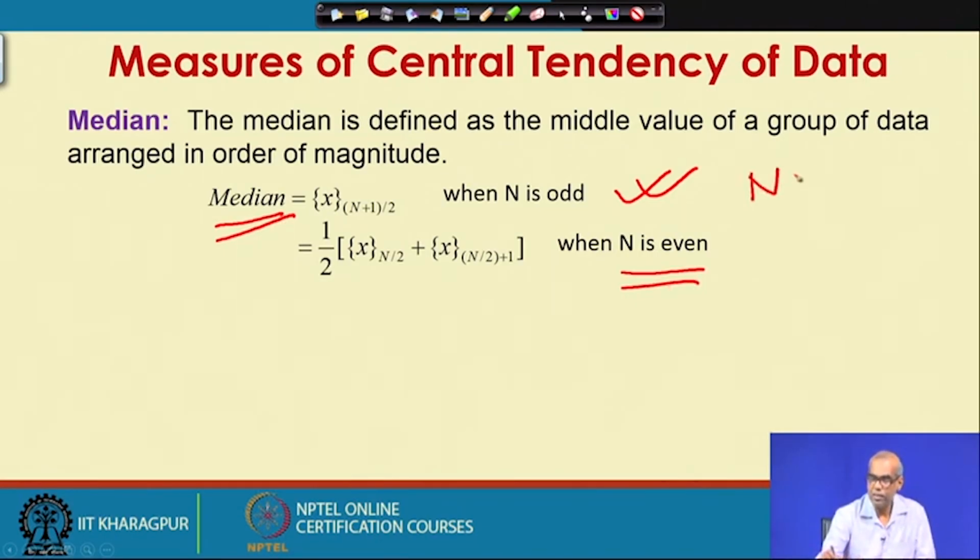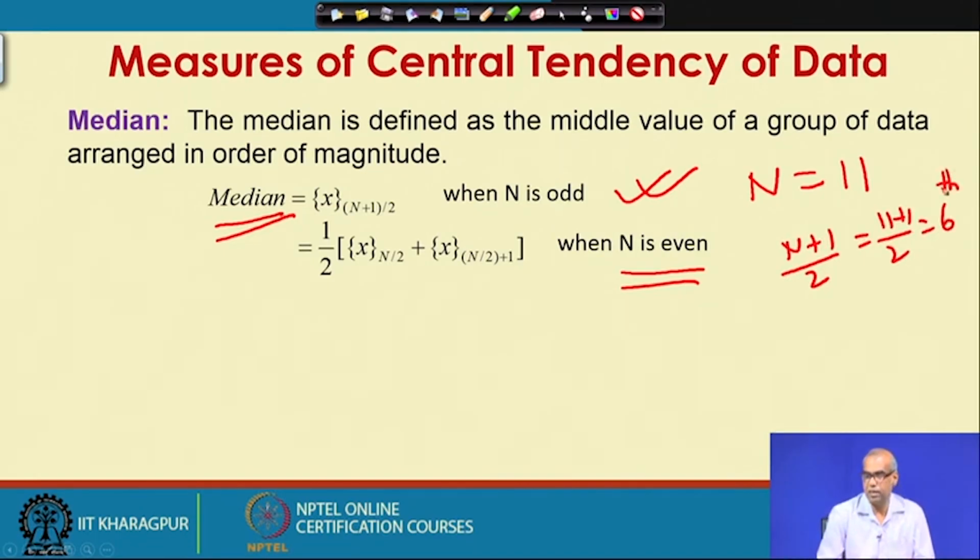When my n is 11, the median is (n plus 1) by 2, that means (11 plus 1) by 2, that is the sixth data, 6 from the top, when they are all arranged in order of magnitude. N is odd, so you get the sixth one.